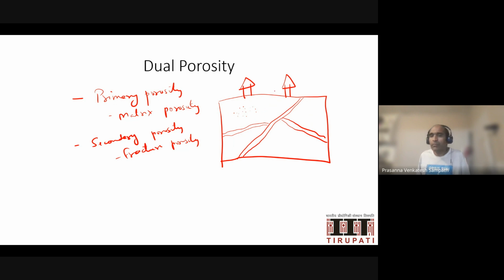My neighbor drills a well and hits this fracture at a depth of, let's say, 50 feet. Because the fracture has water in it, my neighbor has found water at 50 feet. And depending on how well connected this fracture is, you may even get sufficient water for many months.